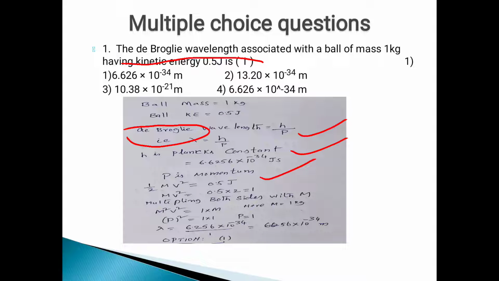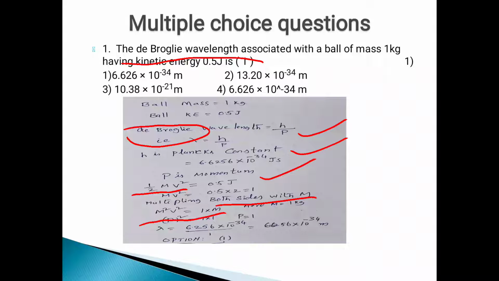From the kinetic energy, we can solve for the momentum. So how? As given, half mv square is equal to 0.5 J. You take this 2 to the other side of the equality, so mv square is equal to 0.5 into 2, that is equal to 1.